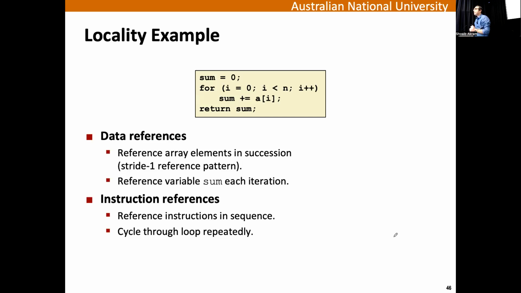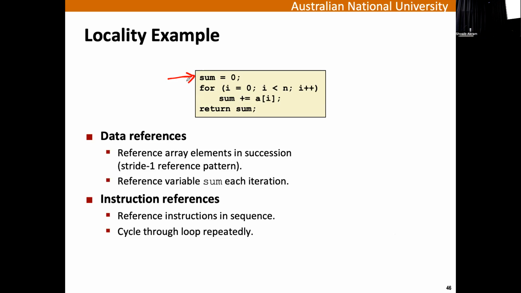Okay, let's do an example to figure out what this really means. So the variable sum here, does it have temporal locality in this code?